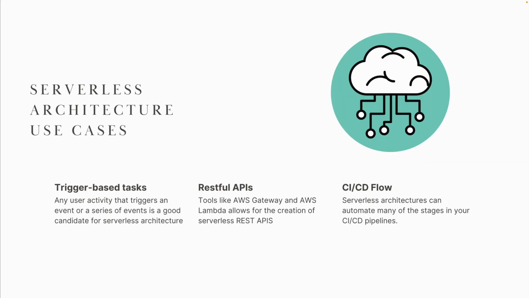And last but not least, I want to give some examples of some serverless architecture use cases, right? So we talked about trigger-based tasks, right? And any user activity that triggers an event or a series of events is a good candidate for serverless architecture. So like I said before, if you want to listen for events like maybe you have a Kafka pipeline, right?